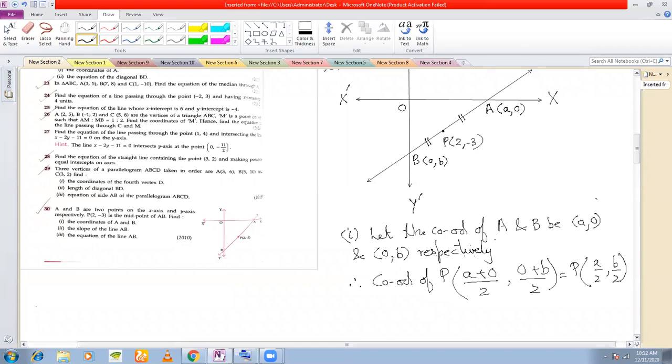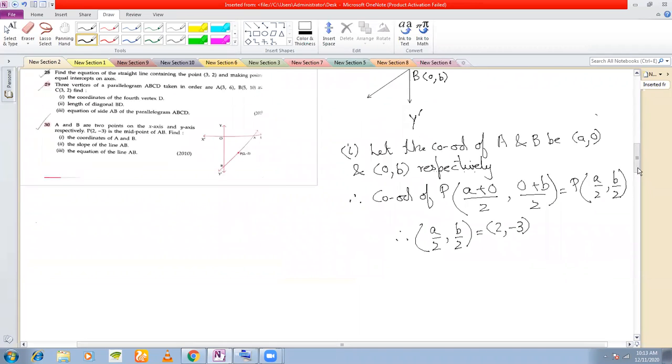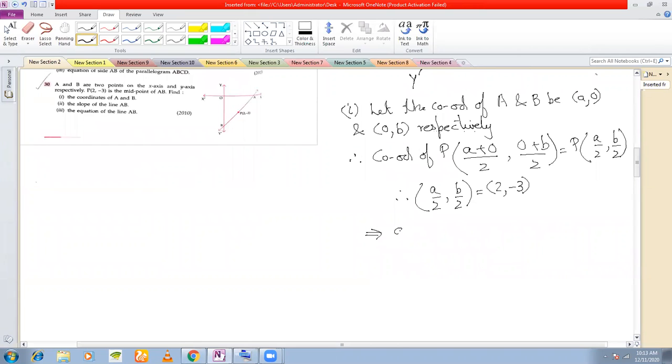But what is the coordinate of P given to you? (2, minus 3). So therefore, (a/2, b/2) must be equal to (2, minus 3). Now we can find out a and b. That means a/2 is equal to 2 and b/2 is equal to minus 3. That means a is equal to 4 and b is equal to minus 6.